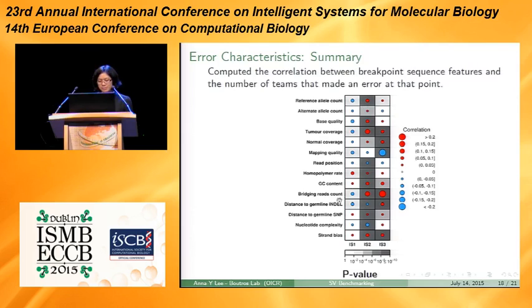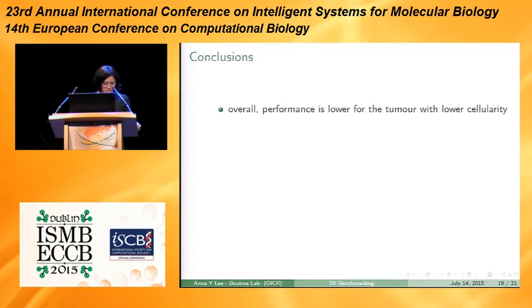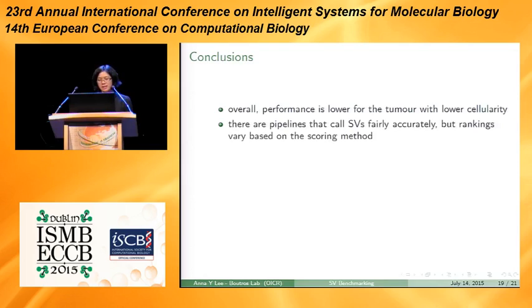We can see that there are differences from tumor to tumor, such as here with tumor coverage, but there is a bit of agreement sometimes, such as strand bias is positively associated with error in all three challenges.